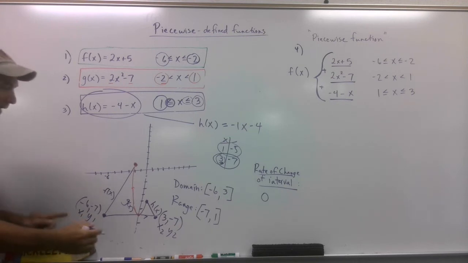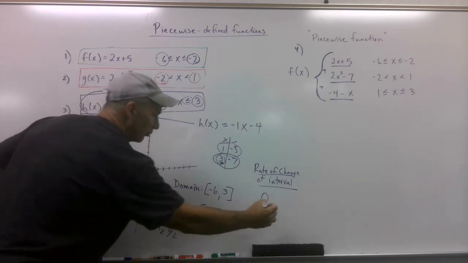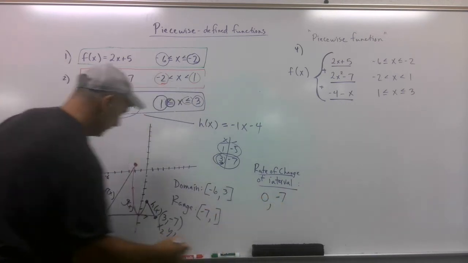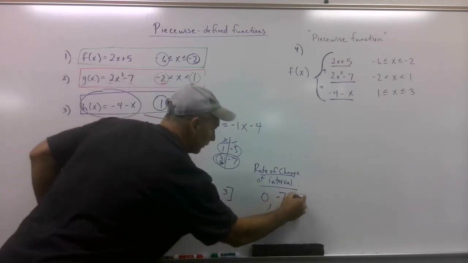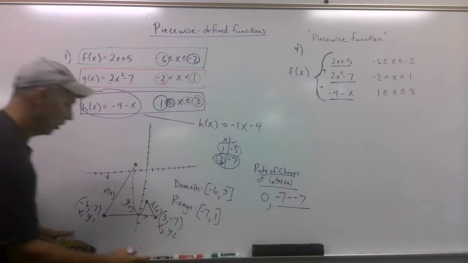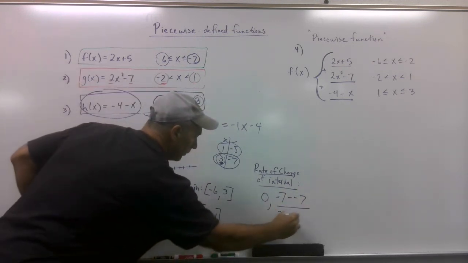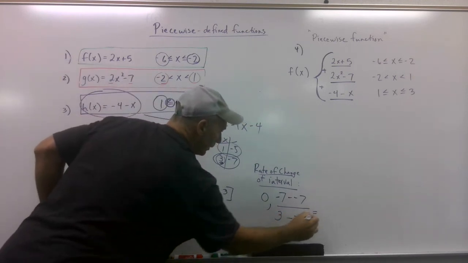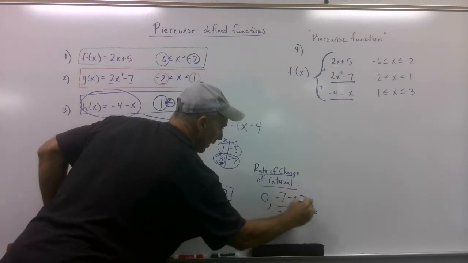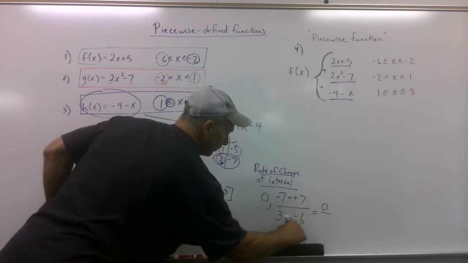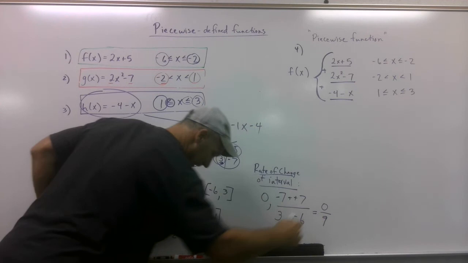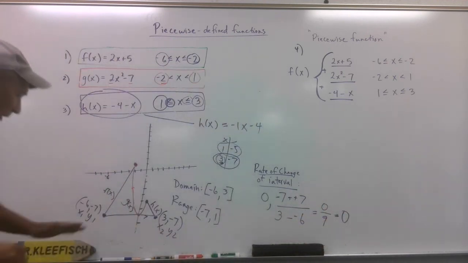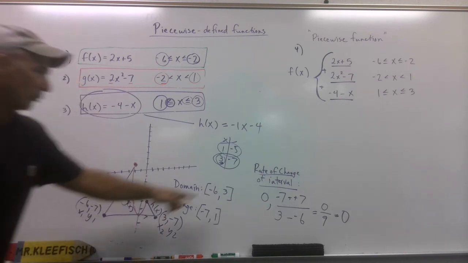Using the formula, y sub 2, negative 7, minus a negative 7, all over x sub 2 minus x sub 1, that would equal negative 7 plus 7, which is 0. 3 plus 6 is 9. It doesn't really matter what that is down there. 0 divided by anything is 0. But we could have just looked at that and said it's flat. So there is no rate of change.